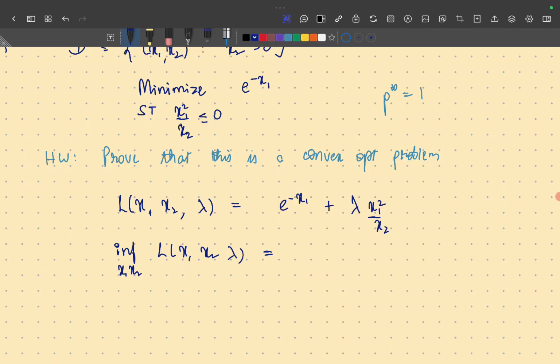No, it's the entire domain. So x1, x2 in the domain, right? How will you go about trying to solve this? Partial derivative. Will you try doing that?